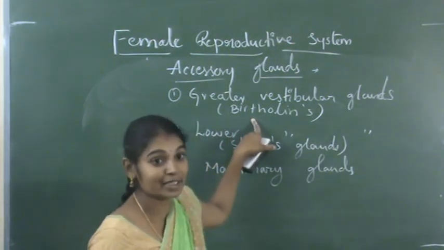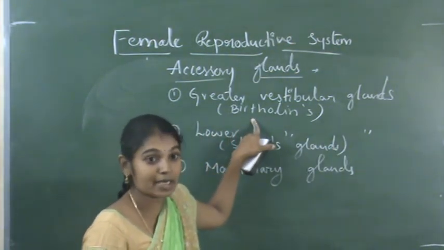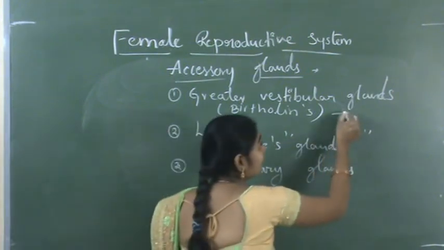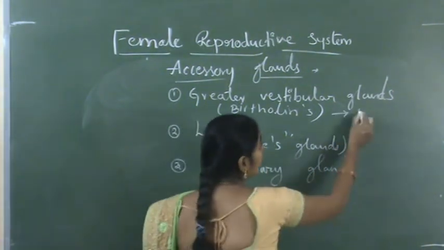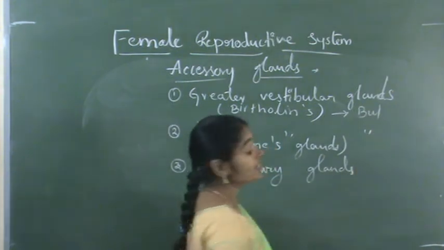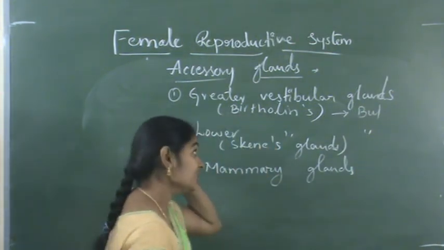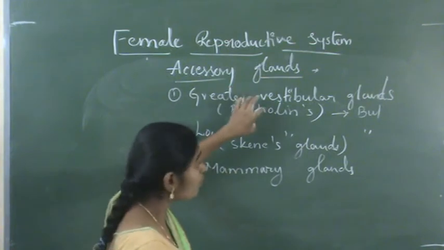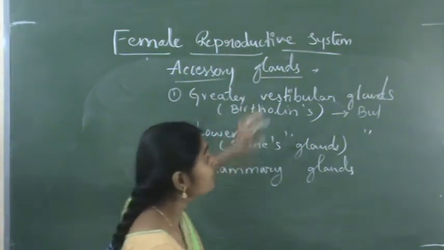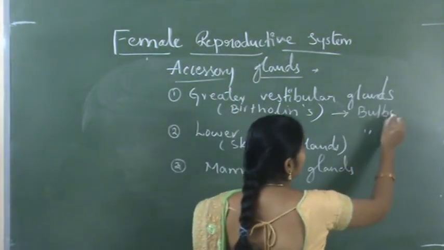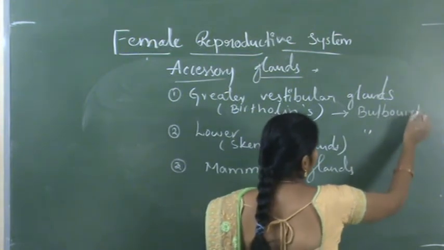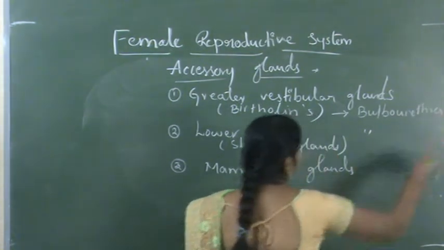These Bartholin's glands are homologous to the male bulbourethral glands, meaning they are functionally and structurally similar. Skene's glands are homologous to the prostate gland of the male.